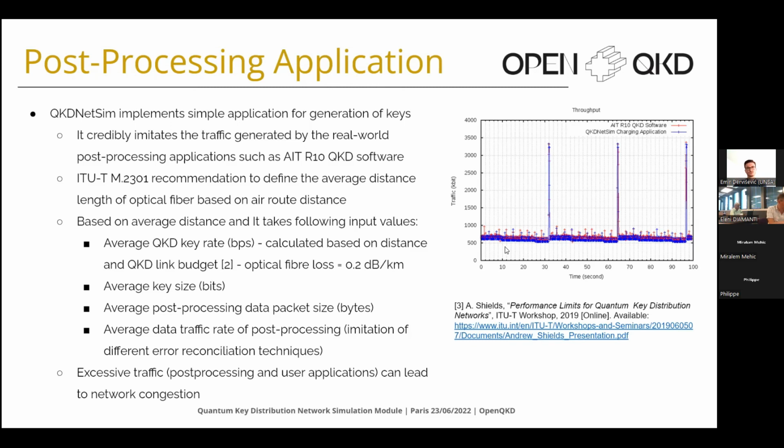Is it taken into account, and to which degree of detail? At the current level, we take only the distance and the key size, which basically defines the key rate. We also take into account the average post-processing traffic exchanged over the public channel. With those parameters, you can imitate whether you use LDPC, Cascade, Winnow protocol, or something else for error reconciliation.